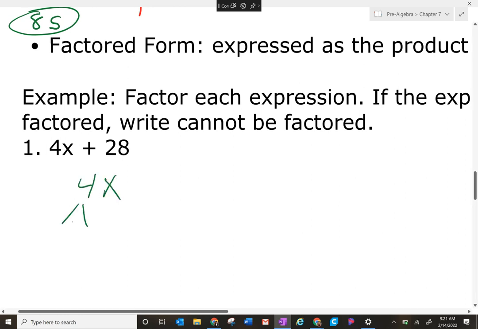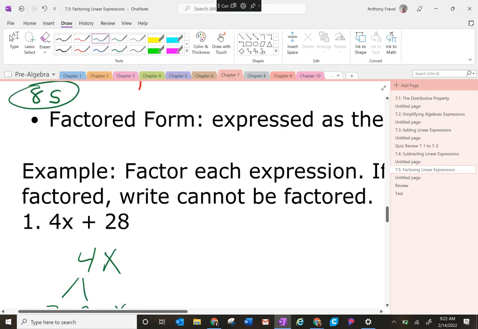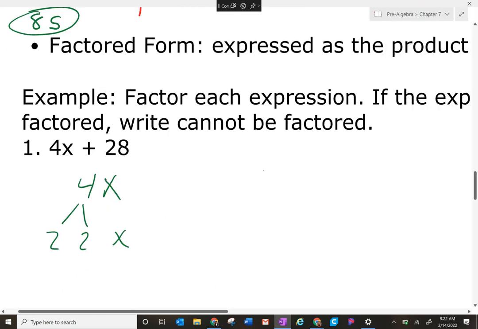So 4x, I'm still going to factor that. That's still going to factor down to a 2 and a 2 and an x. This other guy, this 28, I'm going to factor that one down. Mainly just because you mentioned it before, so I'm going to do it with a bigger number. So I got 4 and a 7. This one still can get factored down to a 2 and a 2 and a 7.